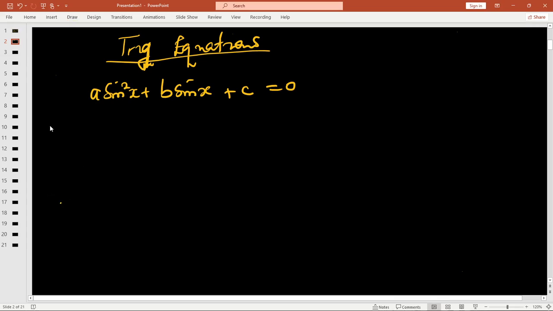Okay, so for case 2, suppose now b is equal to 0.